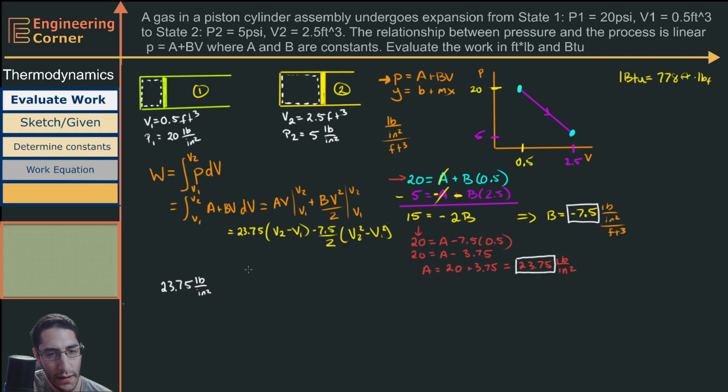And then I'm going to have V2, which is 2.5 cubic feet, minus V1, which is 0.5 cubic feet. Well, the problem right now is we have inches and we have feet. So I'm going to move this over, and we're going to convert my inches to feet.